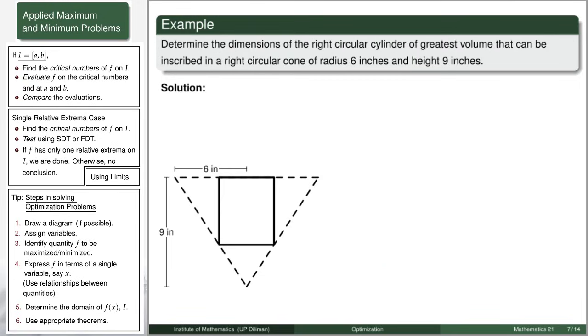Now this is clearly the cross-section of this quantity. An important thing to remember here is what is moving and what is not. Remember that the circular cone is a constant figure, and that is, it will always have a radius of 6 inches and a height of 9 inches.